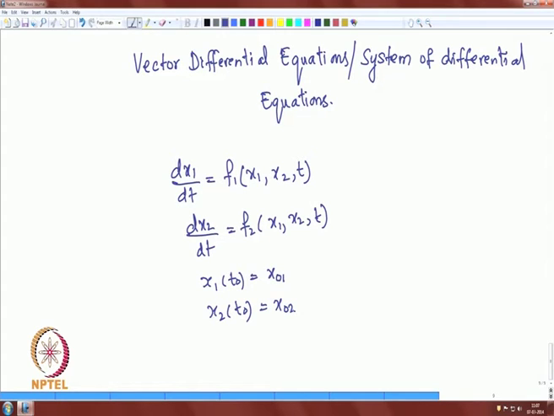If we have two coupled equations, then what can we say about the existence and uniqueness of solution of this equation.